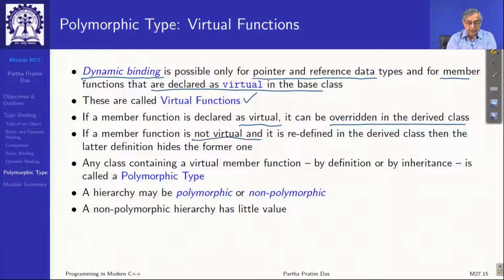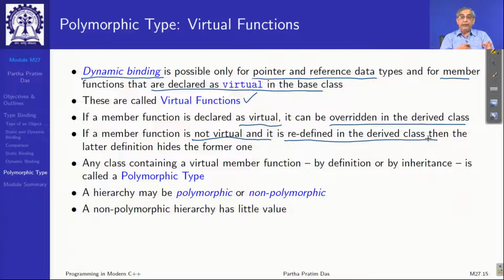If a member function is not virtual and it is redefined in the derived class, then the later definition hides the former one. We have already seen that, right? How by overriding you actually lose the earlier definition, unless you explicitly use using and want to use it, but there are complications if you try to do that often.